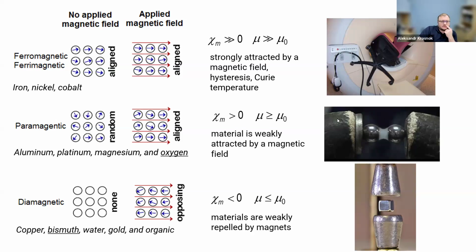This effect is significantly amplified in so-called ferromagnetic materials, which have all magnetic dipoles oriented in the same direction, forming an extremely large magnetic response and magnetic field.